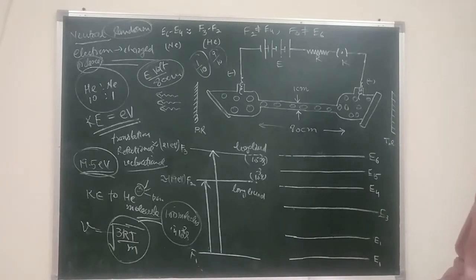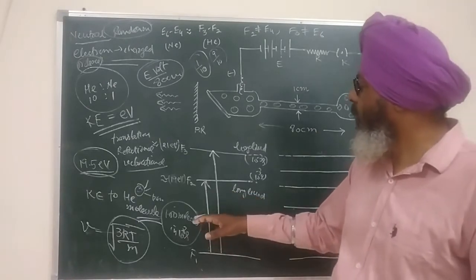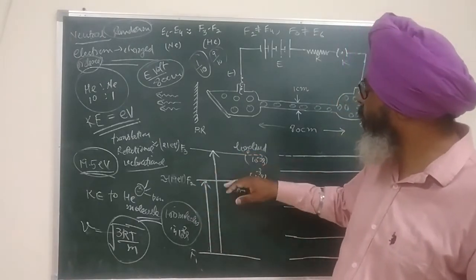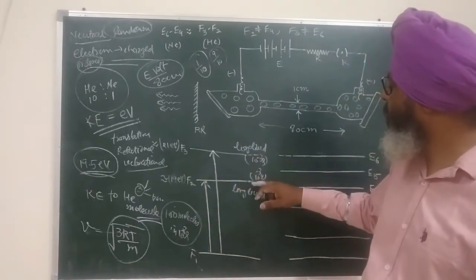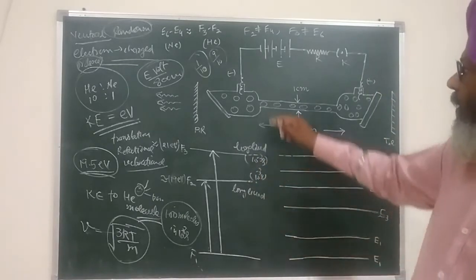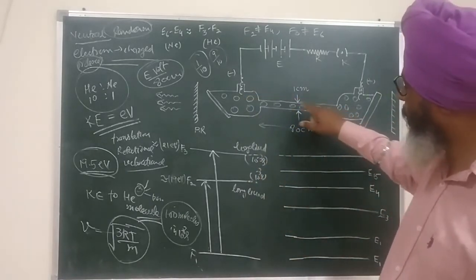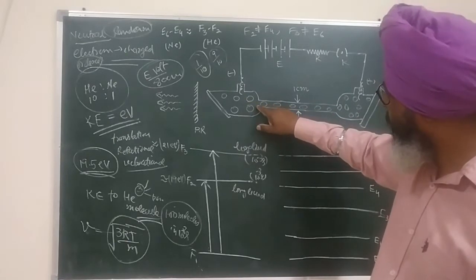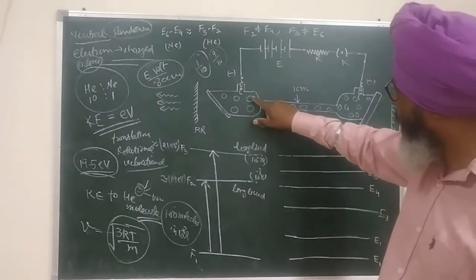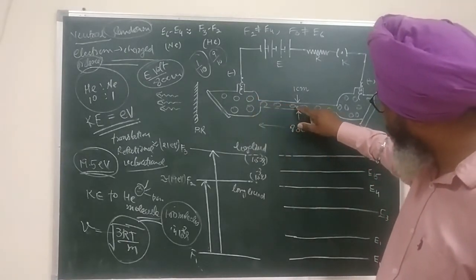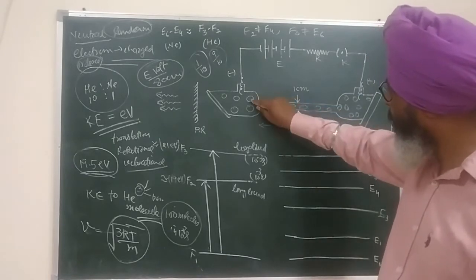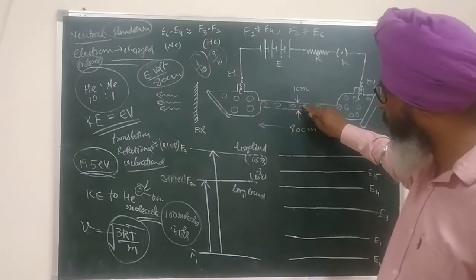On the other hand, if I just use helium, these states are metastable states. So when the electron is traveling from cathode to anode, it will excite one molecule, a second molecule, a third molecule, and these molecules will remain in the excited state for a larger time.